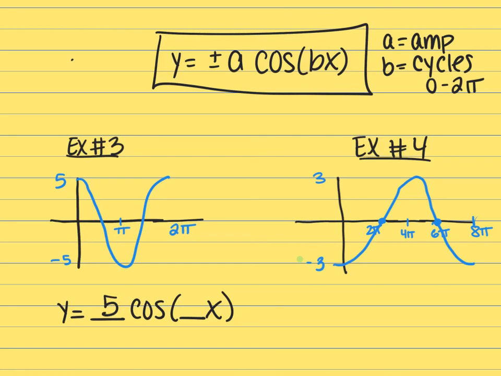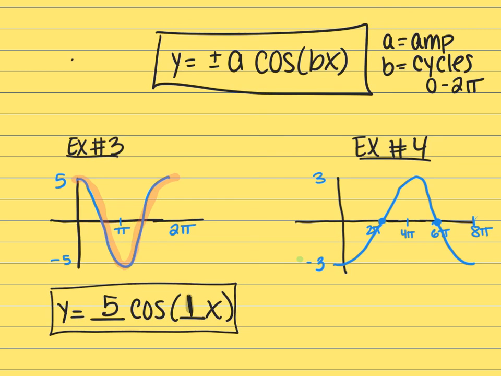And notice that this is a positive cosine graph because it starts up at the maximum value, so there's no need to put a negative here. And then b is the amount of cycles I see between 0 and 2 pi. Well, let's see. From 0 to 2 pi, well, that's 1 cycle. So this one's not too bad. So put 1 right there. That is my number of cycles. So this is my equation for the cosine curve.